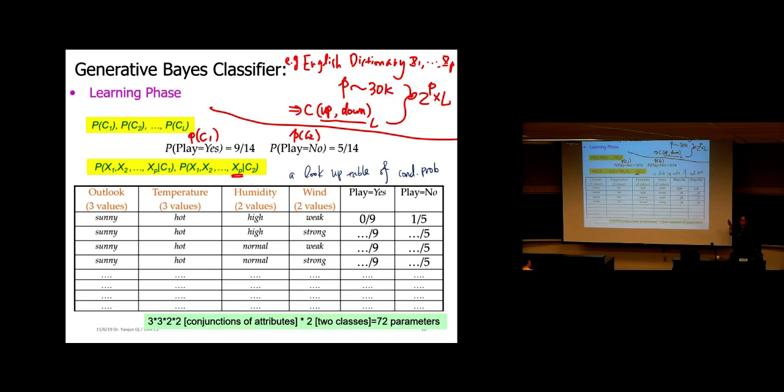But with 2 to the p, if p is smaller than 20, I think it's still feasible. Just to give you a rough idea, you need to estimate this from data, and the size grows really fast when you have more features.